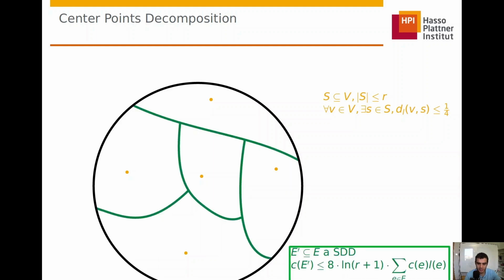If we have this set S in the graph, then we can find E prime, a small diameter decomposition with cost in theta of log R, basically. R being the size of the set big S.